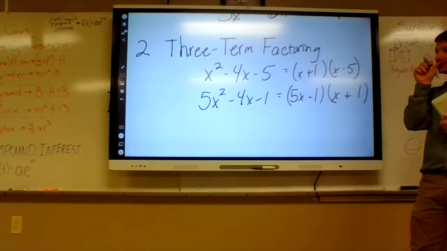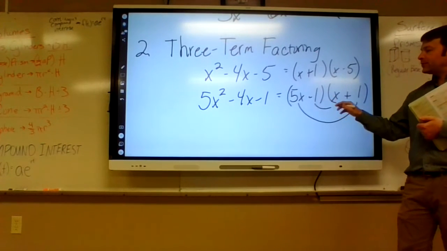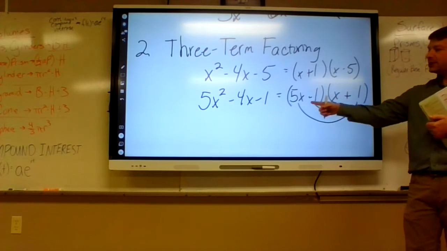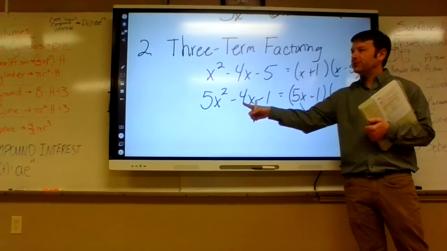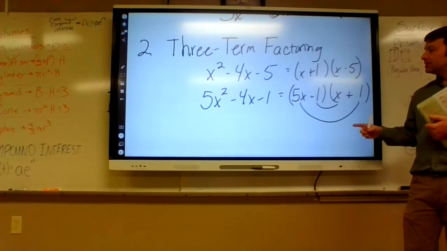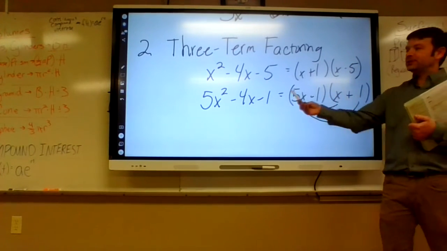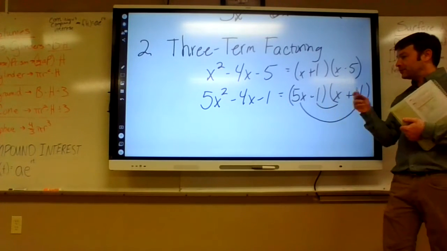And to see if this is actually right, we did the outside and inside of the FOIL. If the outside and inside of the FOIL give us the middle term, then it's right. And if it's not, we have to try something else, usually different numbers, but there's only one thing that can go into 1, so there's not a lot we can do here.